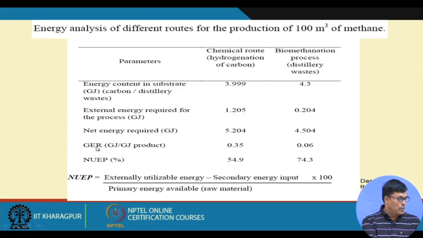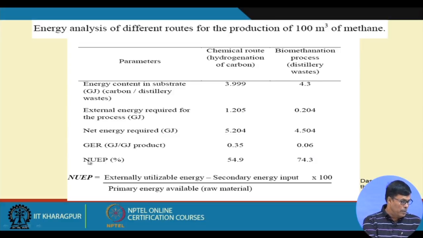And here gross energy requirement means how much energy is required per gigajoule of product. So here we find in the chemical process 0.35 gigajoule of energy is required per gigajoule of methane production, and in case of the biomethanation process 0.006 gigajoule of energy is required per gigajoule of methane production.